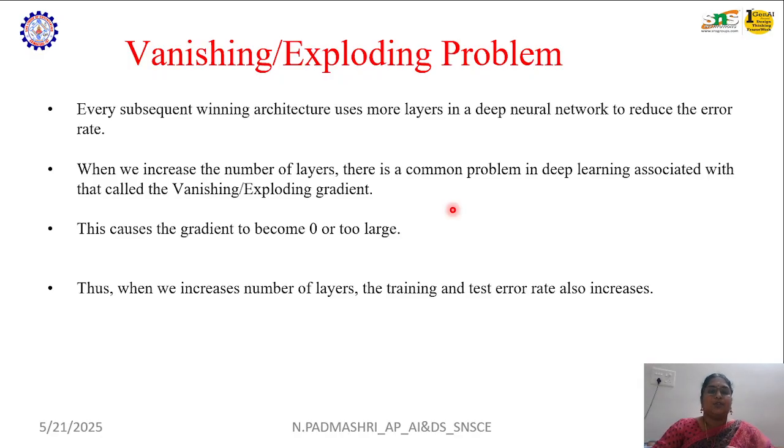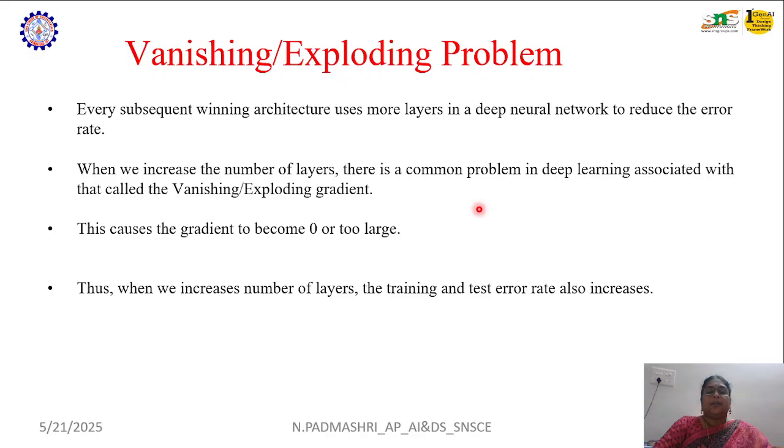So what is the solution, how to handle this? When increasing the number of layers, we have a common problem in deep learning, called vanishing exploding gradient. This causes the gradient value to become either 0 or too large.